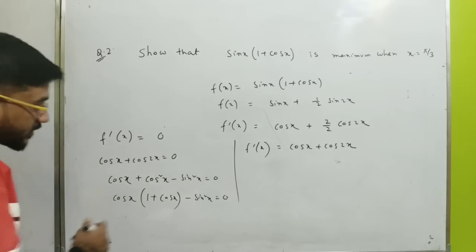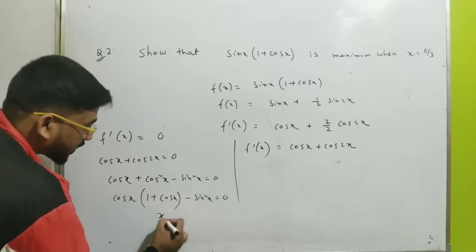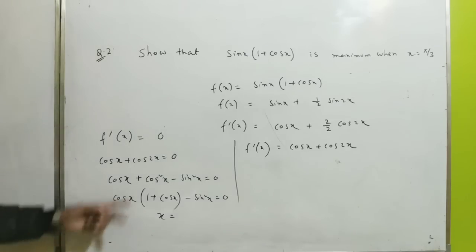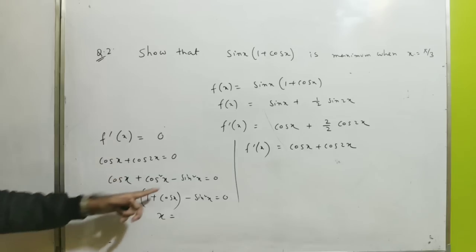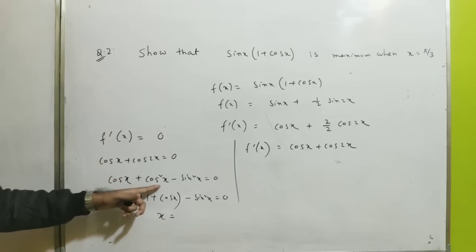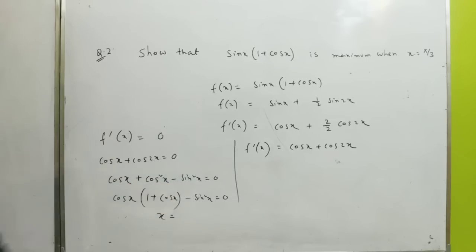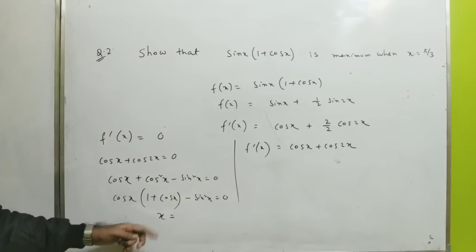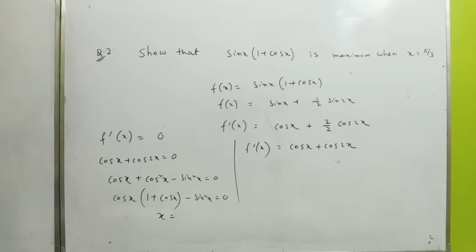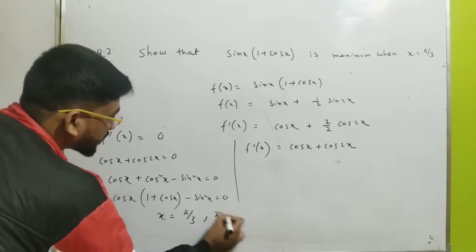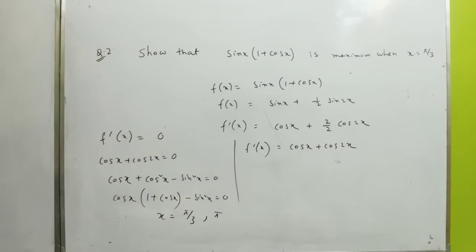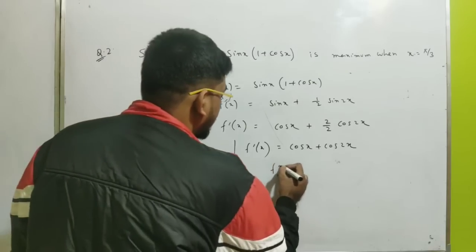Let me give you the result directly. You can see this as a function of cos x only, so you can write sin square x as 1 minus cos square x. The result is that x is equal to pi by 3, and the other is x equal to pi.